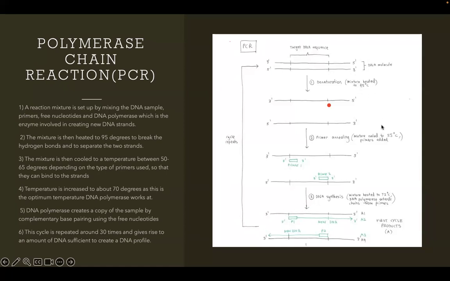The problem with DNA synthesis is that it occurs in the 5 prime to 3 prime direction. But you can see here, we've got a primer. So this is great. If we want it to be 5 prime to 3 prime, we're going to go all the way that way, and that's quite nice, yeah?